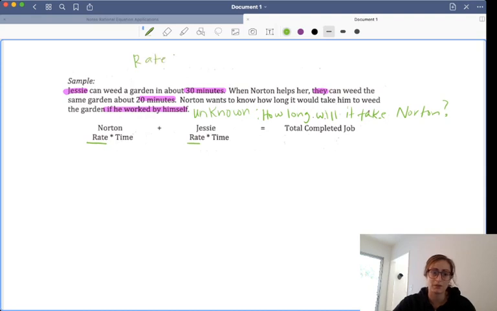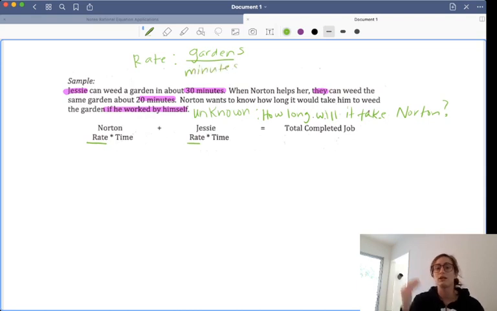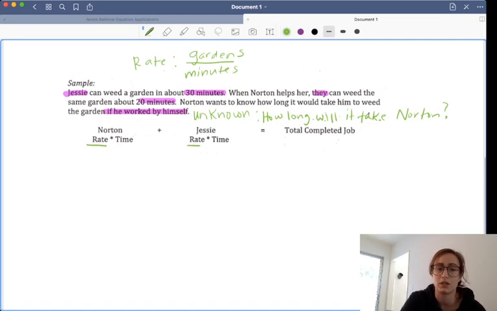We're talking about the number of gardens per the number of minutes. Okay, so rate is always one thing divided by another thing. In the problem before, it was miles per hour, miles divided by hours. In this one, it's the number of gardens over the number of minutes.